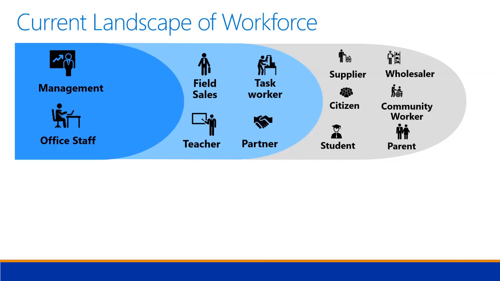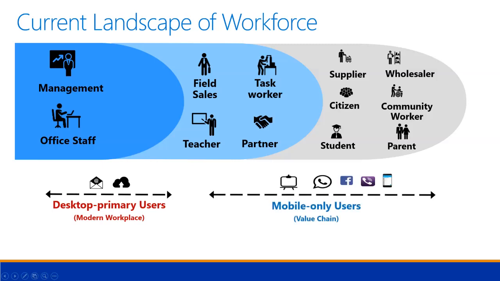We have management, we have office staff, people like us who work on desktops, connected to workstations and laptops, and we have field sales and task workers, and other users, the end users, who are field-level people who work directly with customers and are customer facing. So we have two types of users: desktop primary users and the value chain users. These are called the first line users.